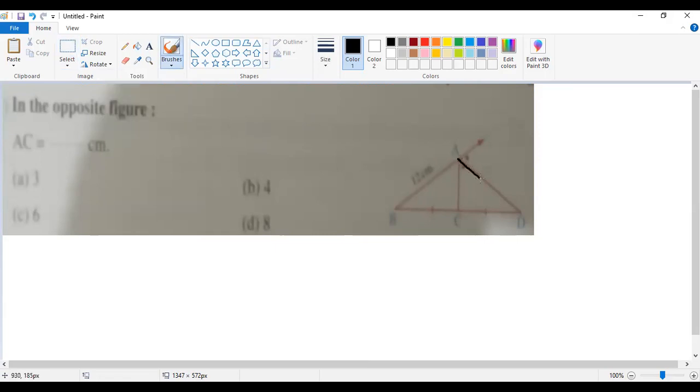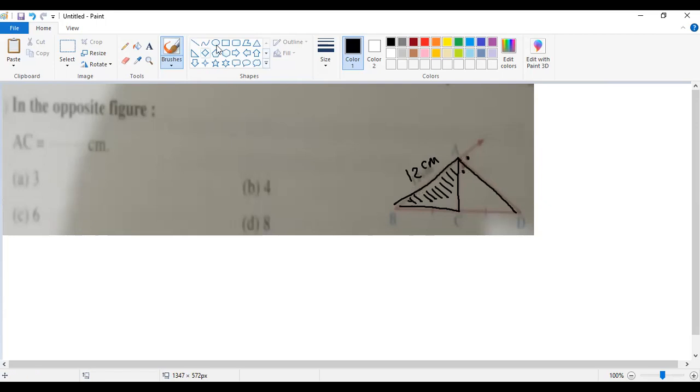AD is the angle bisector, and the triangle is ACB. This is ACB, and the length of this side is 12 centimeters, and this is the angle bisector.